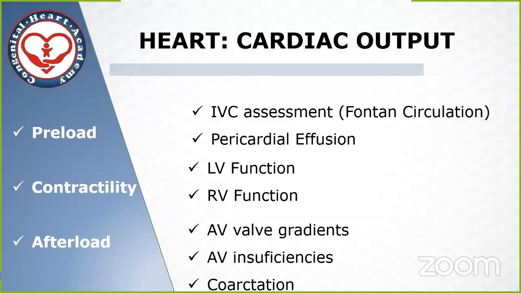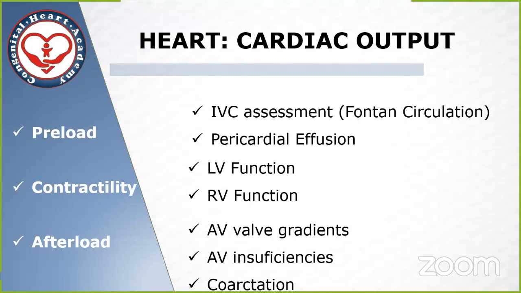And if we break those three items down, what we're trying to do is assess the IVC. For instance, we have to look for fluid status, but also look for Fontan circulations. We have to look for pericardial effusion, and in the way that the pericardial effusion evolves to tamponade and impedes preload, we have to look for contractility, focusing on both LV and RV.